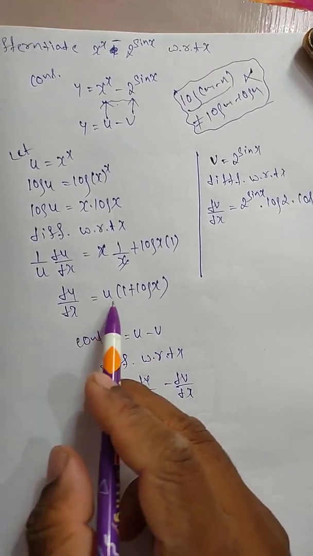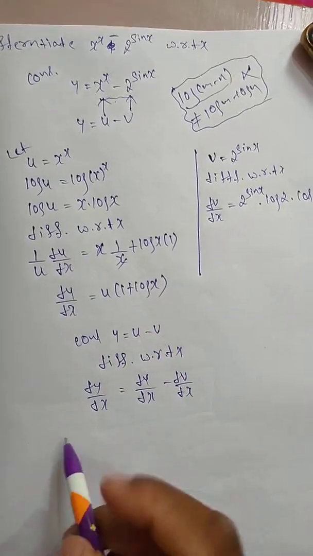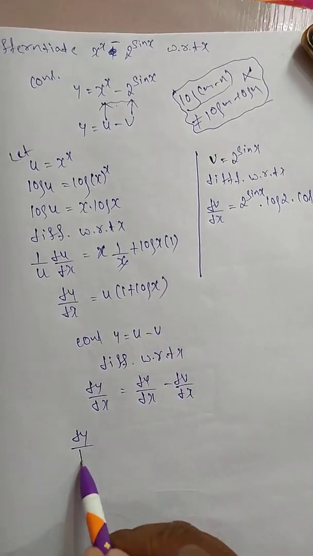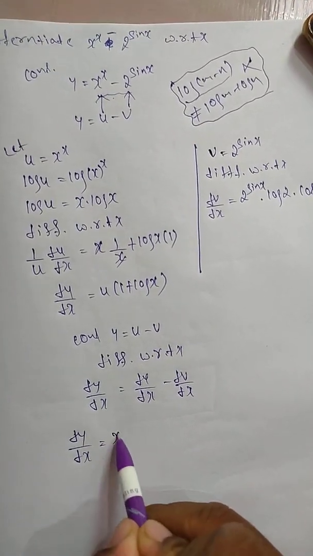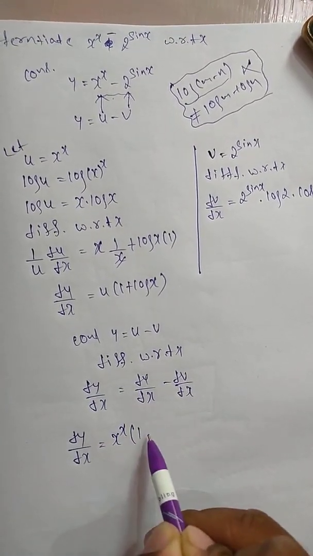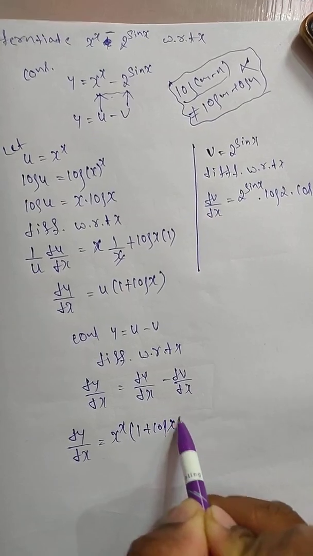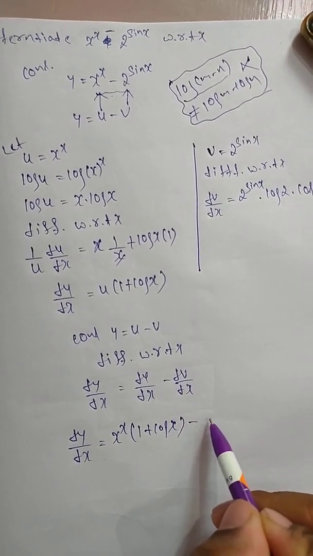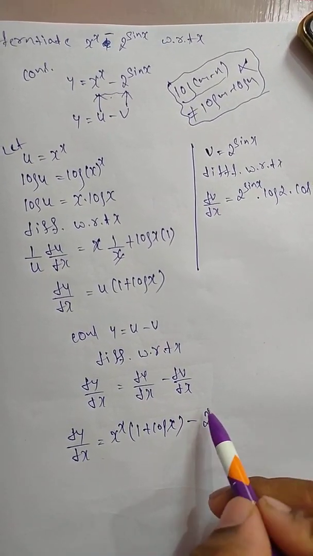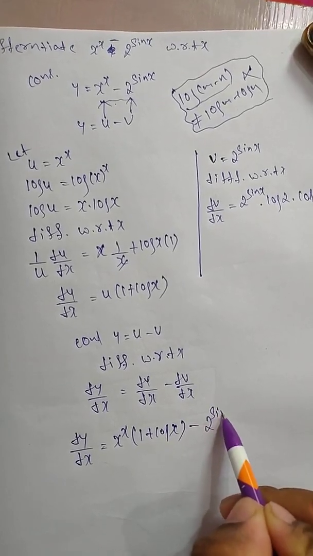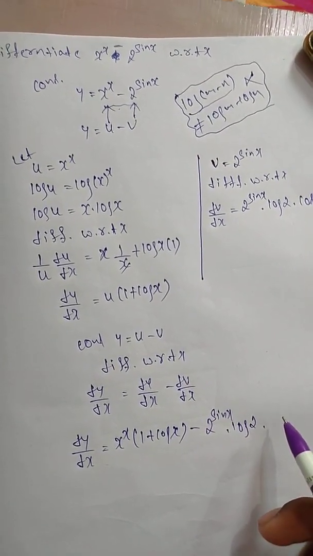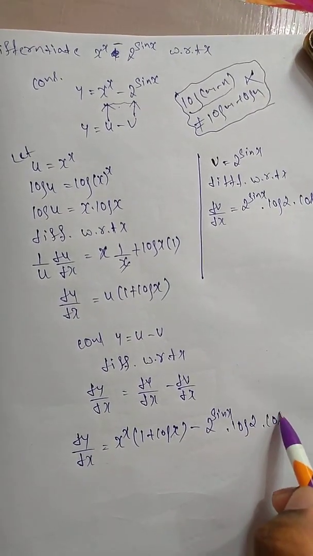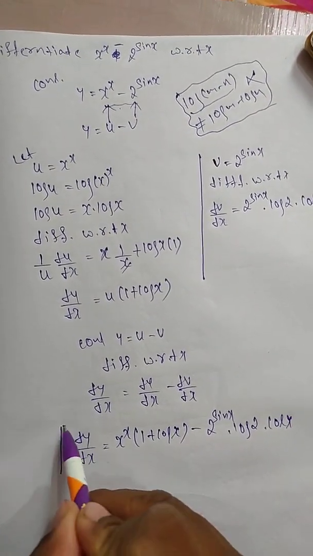We already have du by dx and dv by dx, so substitute them. dy by dx is equal to x to the power of x into (1 plus log x) minus 2 to the power of sin x into log 2 into cos x. So this is the differentiation.